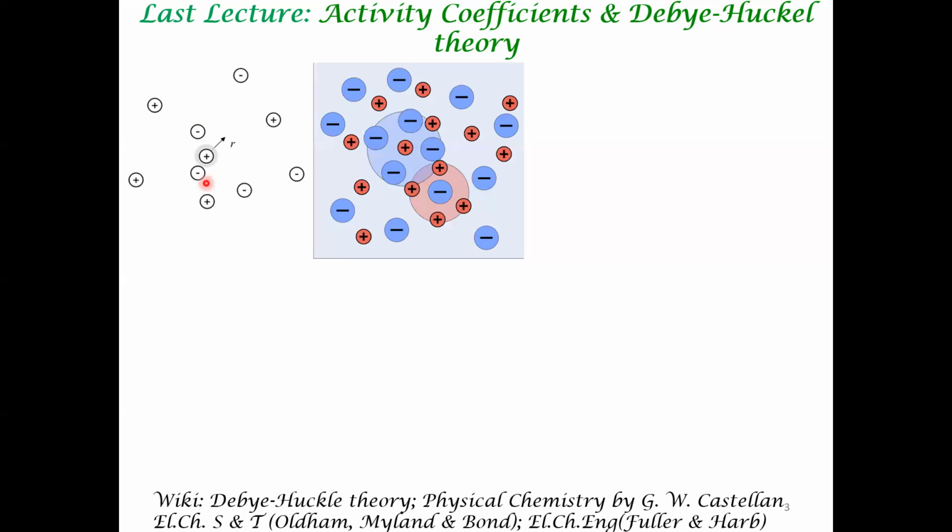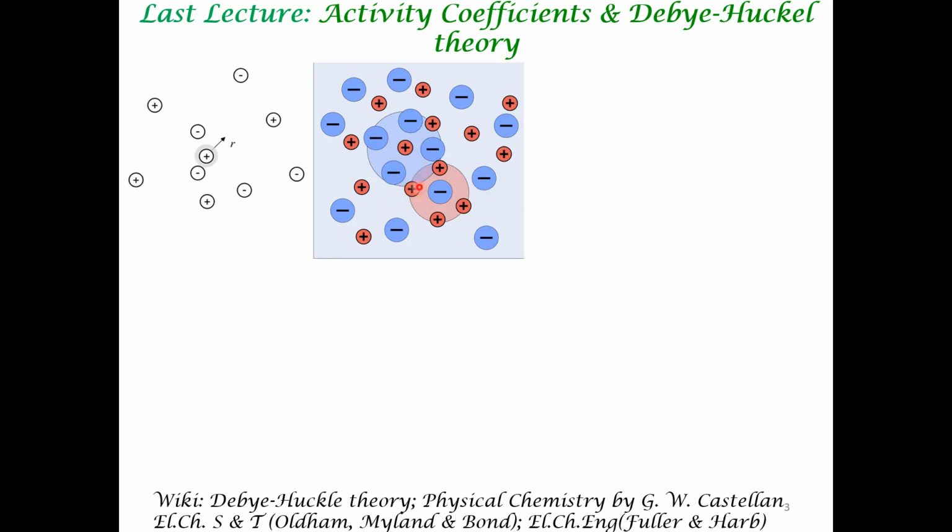So how did Debye and Hückel view this problem? Intuitively, you would see that if you have a cation, on an average, surrounding a cation there are more number of anions, and the other way around. That is, if you have an anion, on an average there are more number of cations surrounding the anion. Also, what is seen is that these ions are not fixed in a lattice.